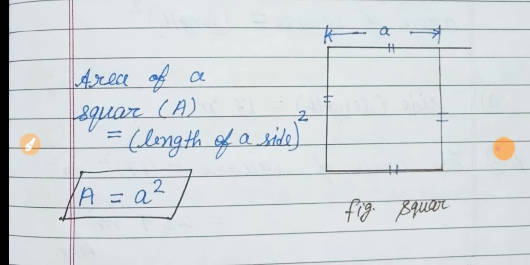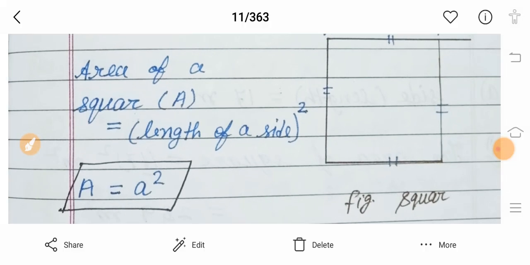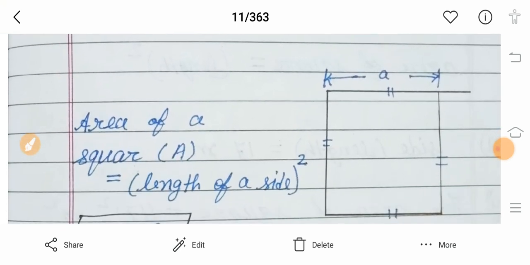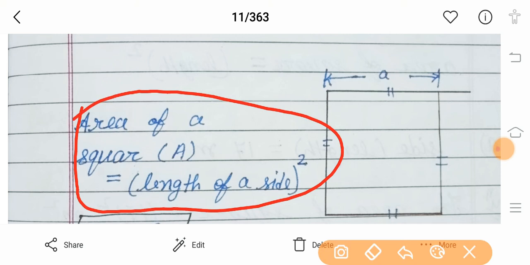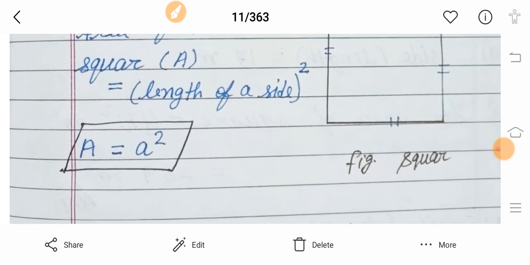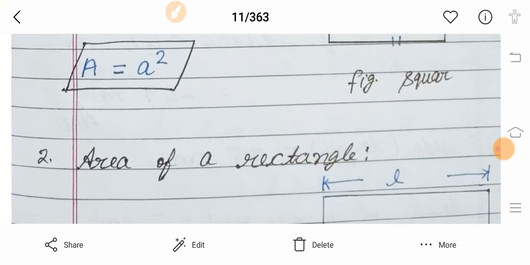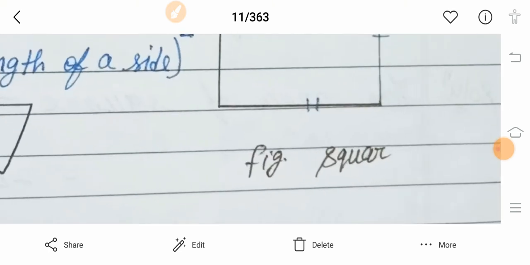Once again I am repeating it: this is the formula for the area of the square. It is the square of the length of the given side. Suppose it is a, then area of the square is a square.